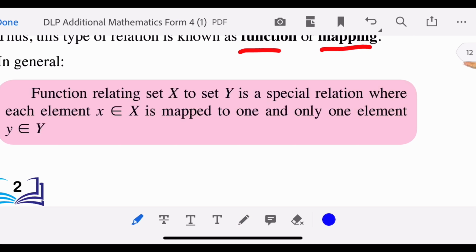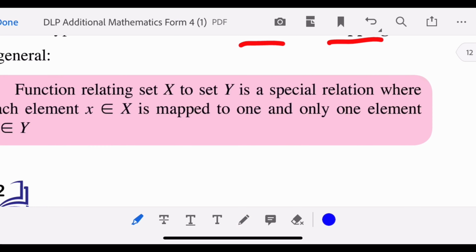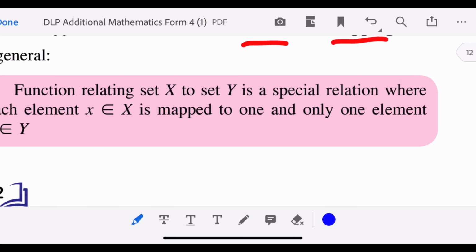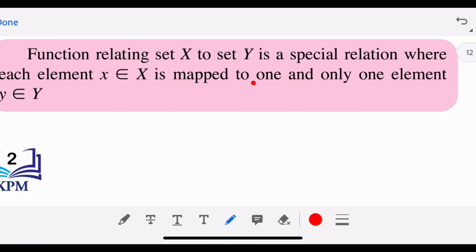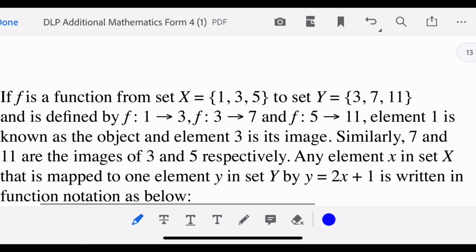So a function relating set X to set Y is a special relation where x, an element of X, is mapped to one and only one element y, an element of Y. So please remember one and only one element for the Y. And a function is a special relation.